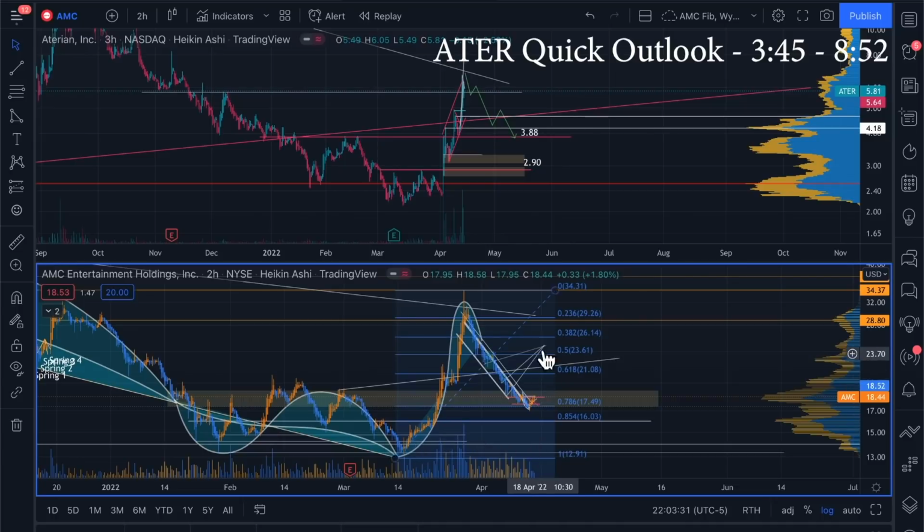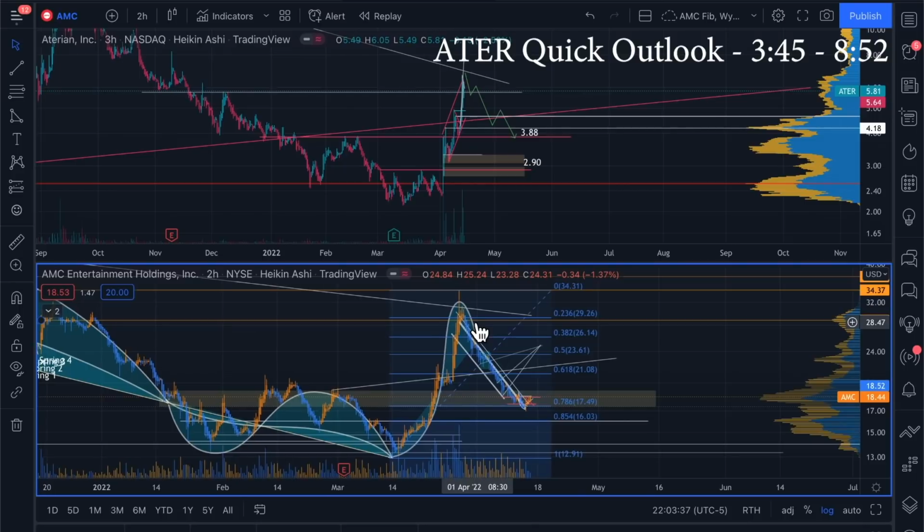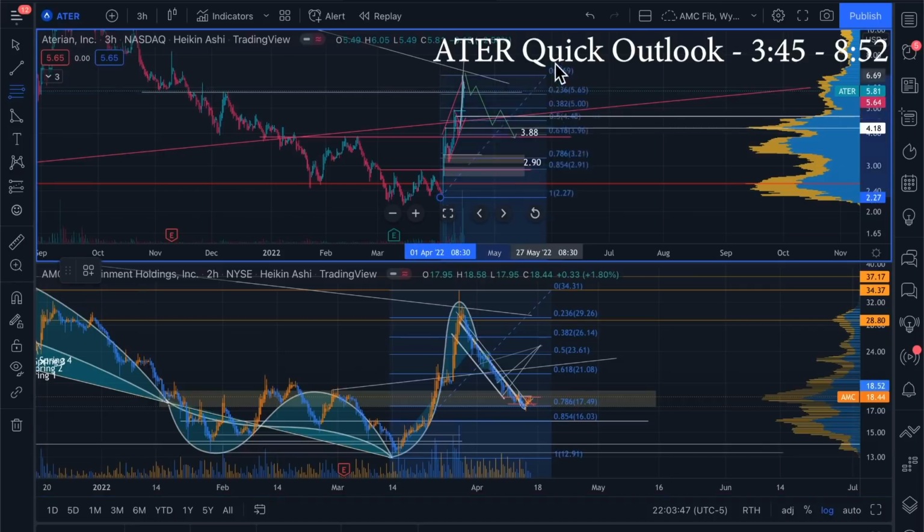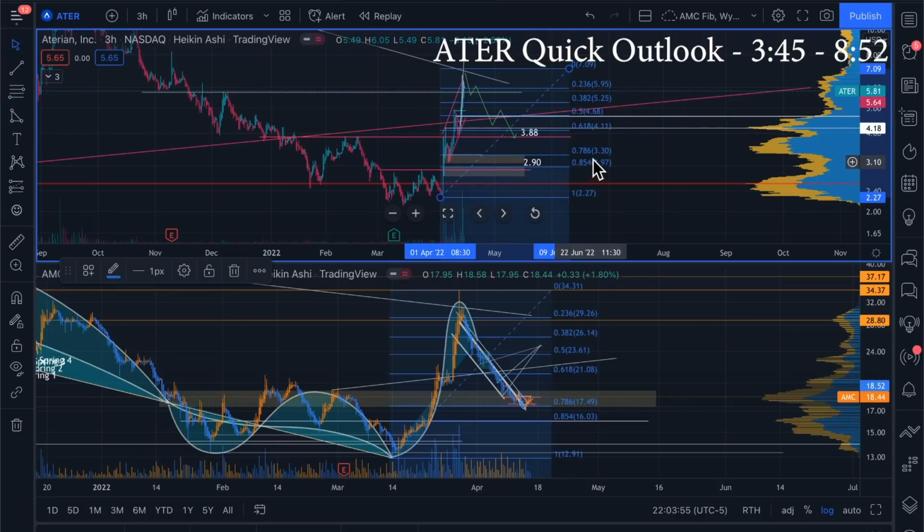So now I think if AMC starts to finally move, while AMC is moving, ATER might be experiencing its pullback. It went all the way back down to the 786. If something similar were to happen, let's say it breaches it just a bit, it goes to 7 or 725, you can see that the 786 is that $3.30 mark.